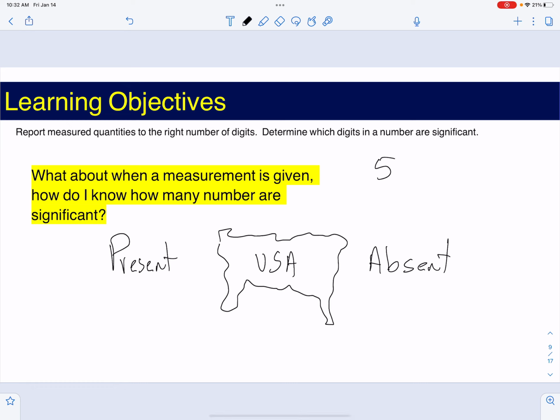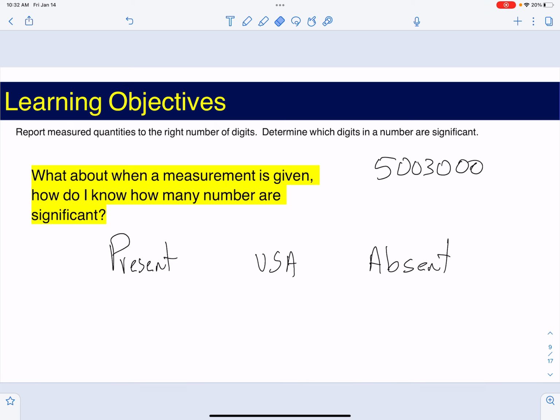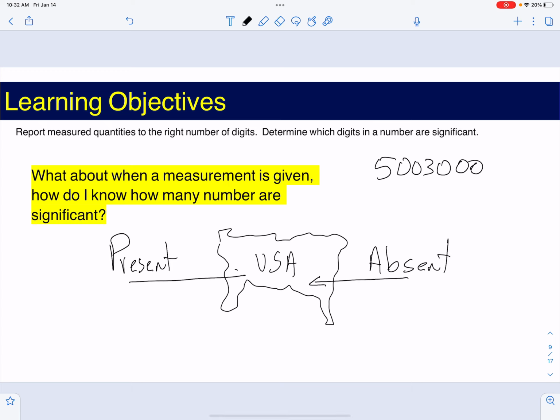If I have a number like this, the decimal place is absent. It's not in there. You don't see it. So the analogy is that we're going to determine if the decimal is present or absent, and then we're going to go to the United States. So we always go to the United States.